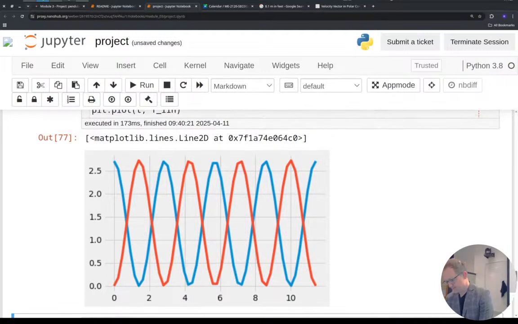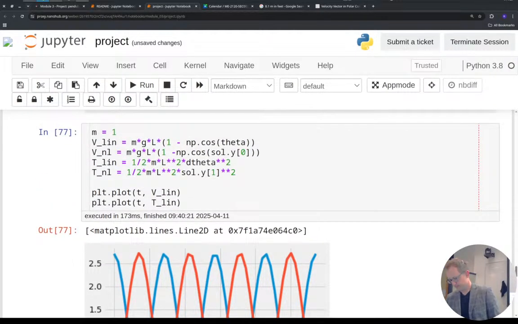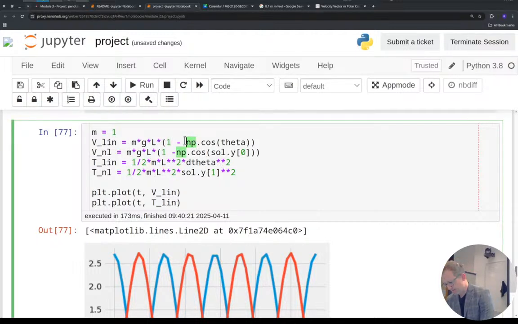Why does the linear solution for V in your equation have a cosine in it? Oh, why does it have it?